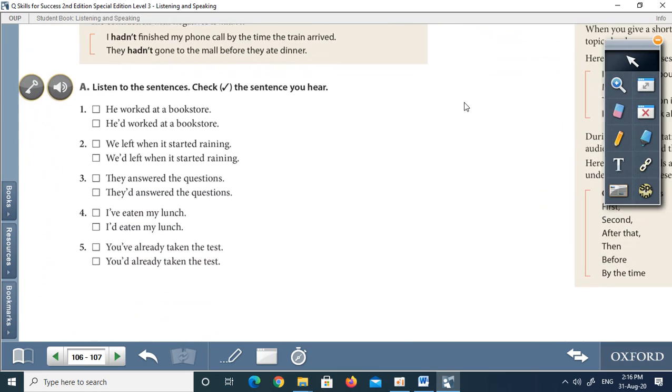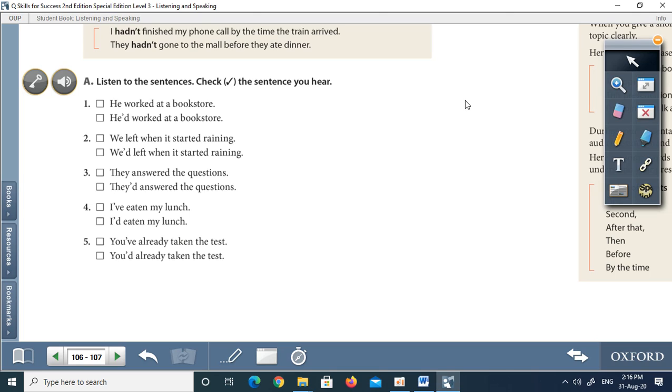Okay, please all have your pens in your hand and be ready to take the correct answer. Number 1, he'd worked at a bookstore. Number 2, we left when it started raining. Number 3, they answered the questions.